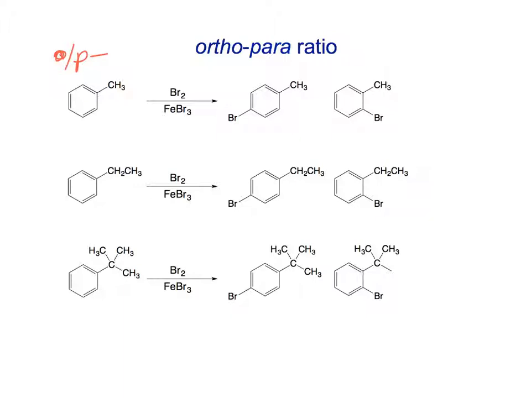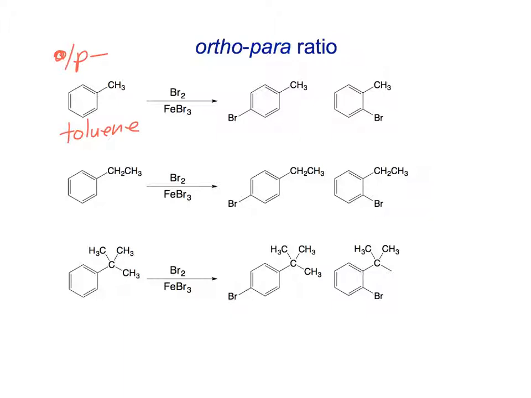So if we start out with toluene, and we do a bromination reaction, we can get a mixture of para and ortho products. We have 2 possible ortho positions and only 1 possible para position.